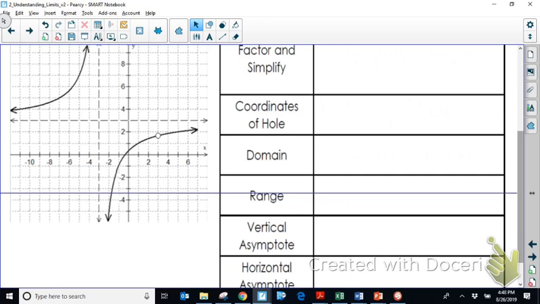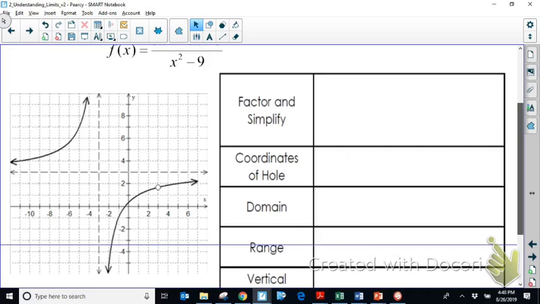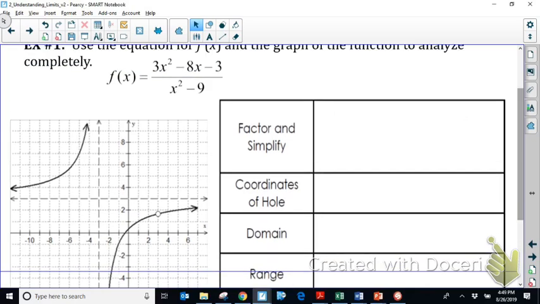All right. So hopefully you've factored the rational function. When you factor the numerator and the denominator, you are going to see that it has a common term of x minus 3 that will be simplified out of the general equation, giving us a simplified rational expression of 3x plus 1 over x plus 3.